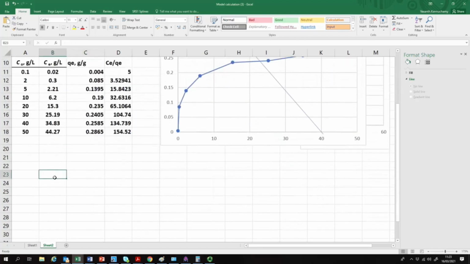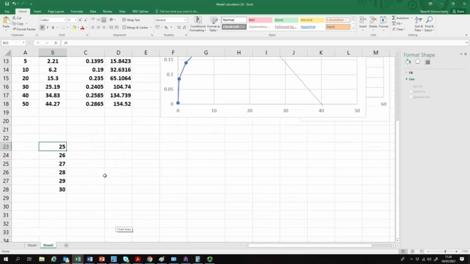Let's take 25, 26, 27, 28, 29, 30. Take some number which is slightly above 30 grams per liter. This is some cheap trick, but it will work. It's easy to implement, especially if you have access to Microsoft Excel or any other spreadsheet.